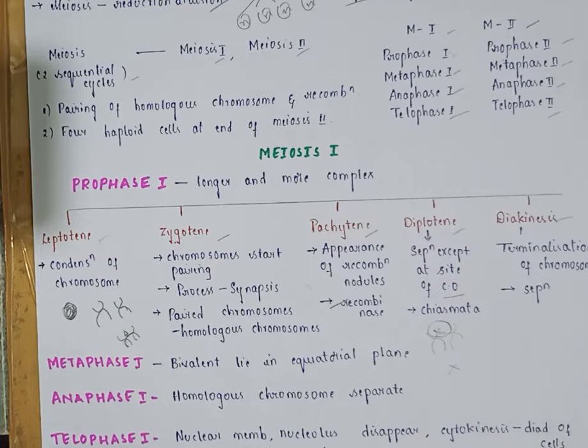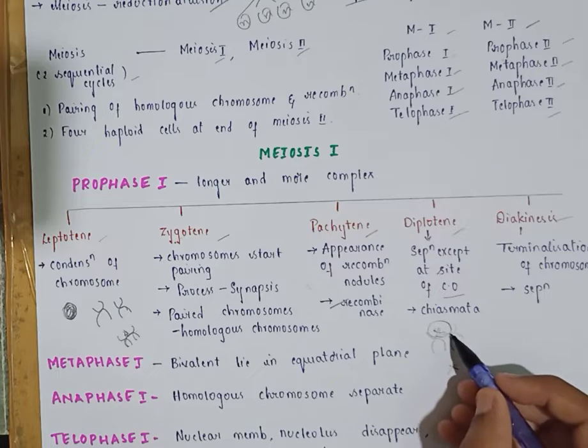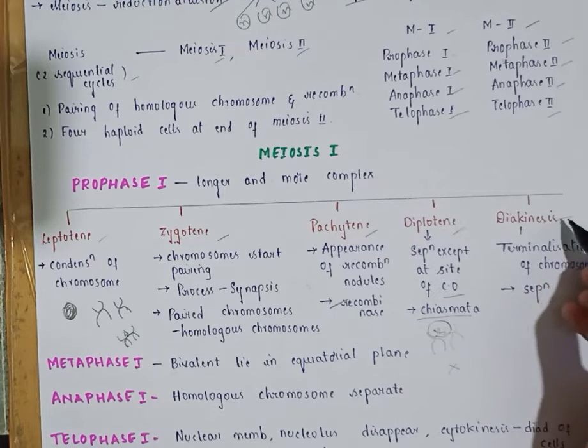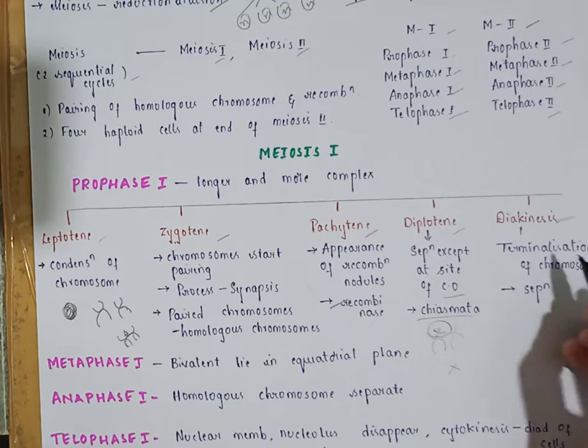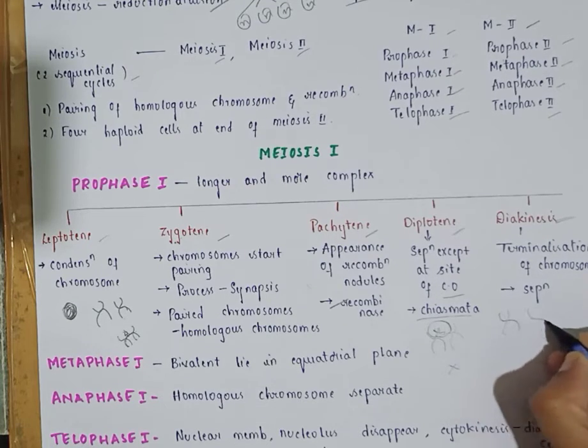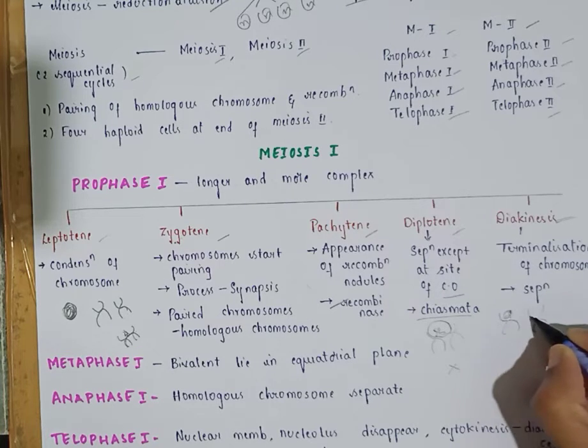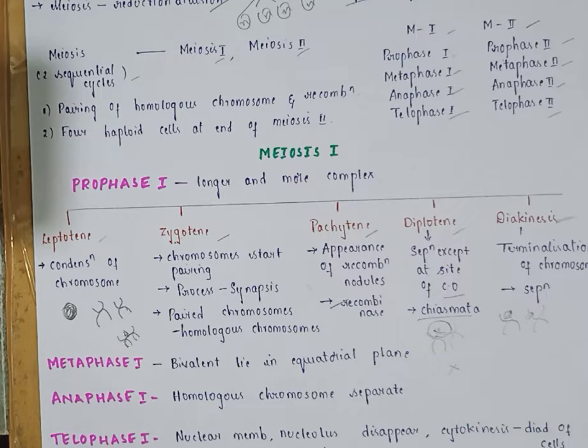This X-shaped structure formed at the place of recombination is called chiasmata. And in the final stage, diakinesis, terminalization of chromosomes occurs, and ultimately the chromosomes get separated. So this chromosome contains the arm of this chromosome, and this chromosome contains the arm of this chromosome. So this is prophase 1.